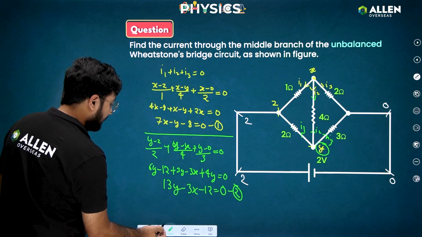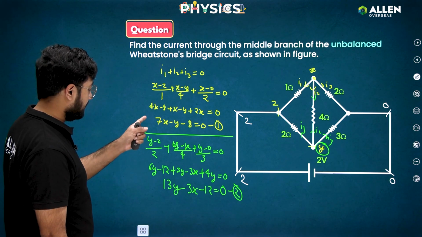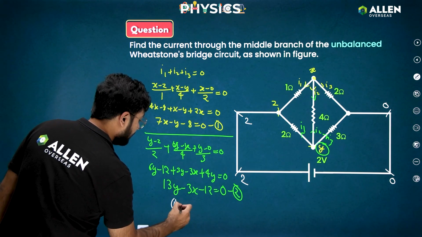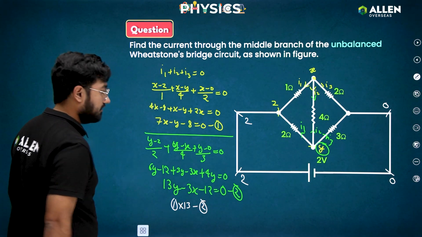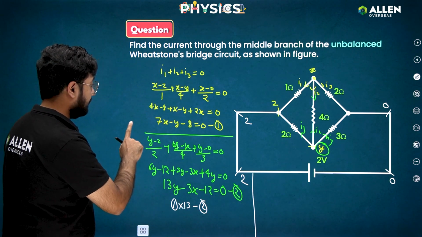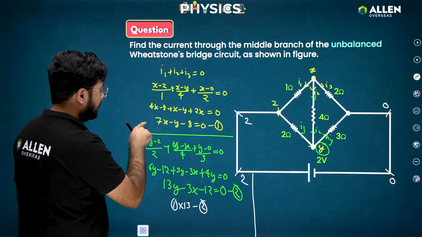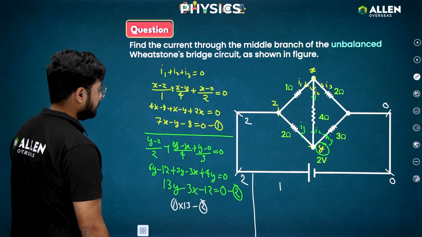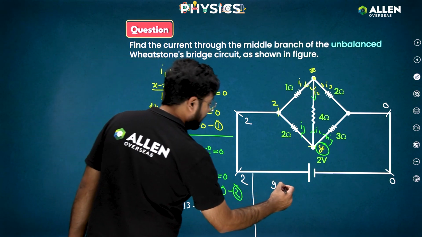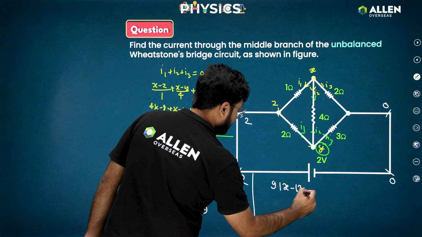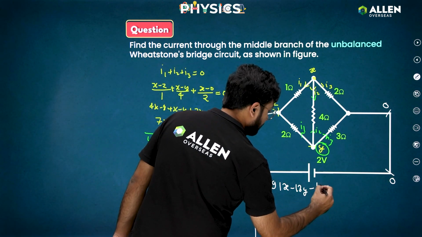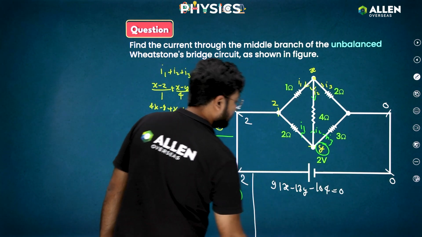Now what we have to do? We have to solve it. Multiply the first equation by 13. I'm writing it on the same page, so it will be clearer to you. So this will be 91x minus 13y minus 104 is equal to 0.